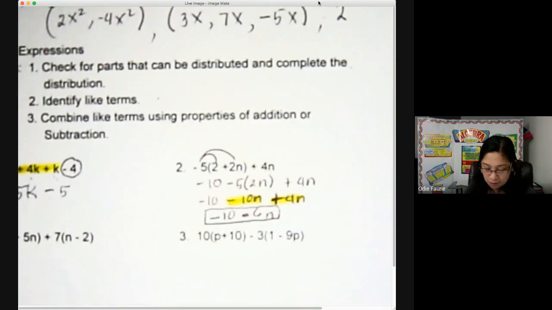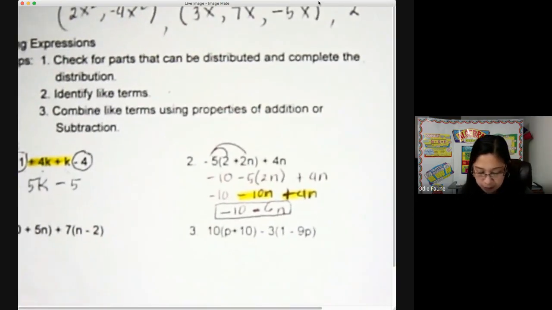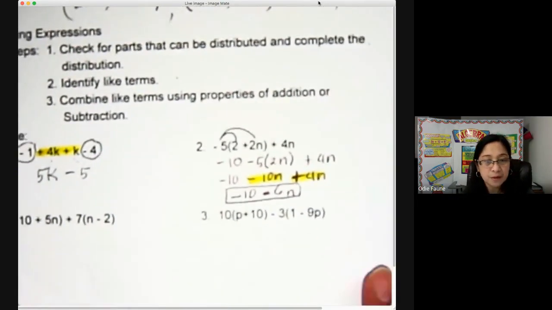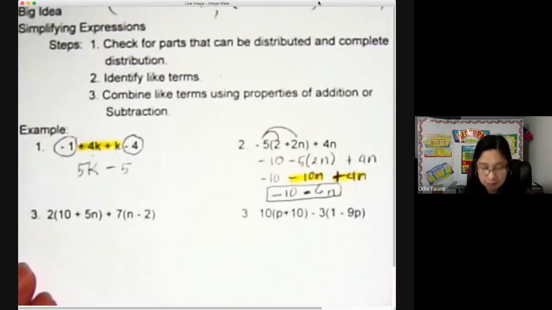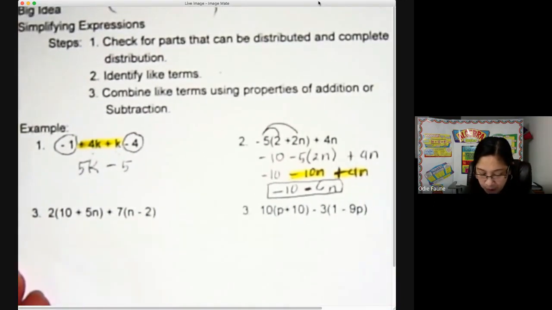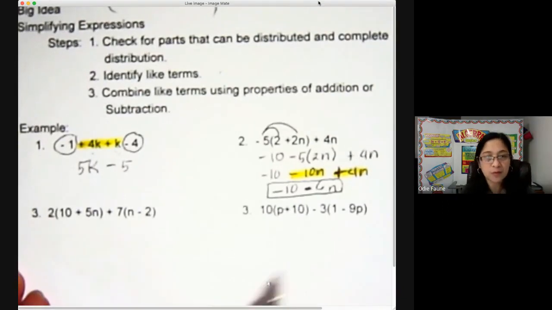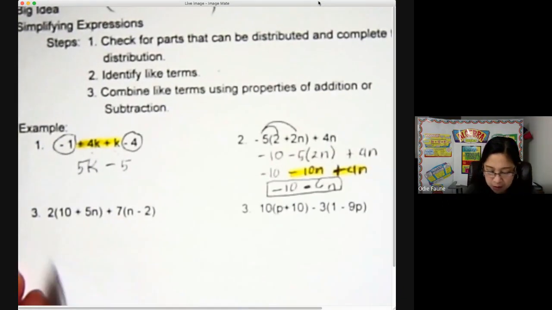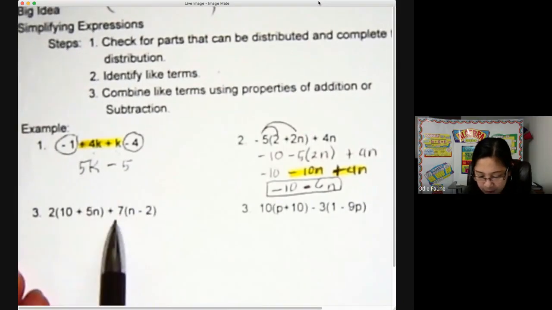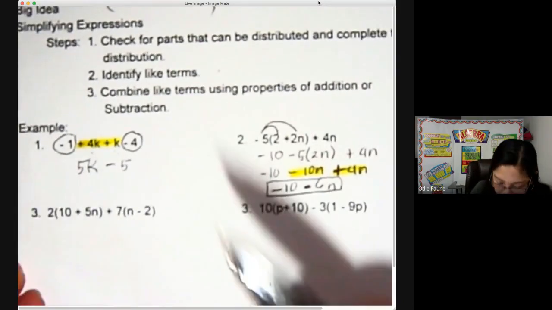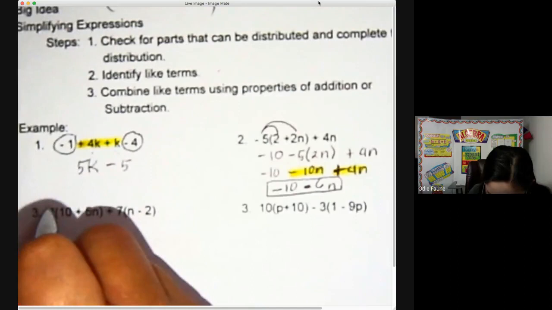Okay, let us proceed to problem number 3. Here, we have two grouping symbols. So we have to distribute this here and this here. Let us do it. 2 times 10.